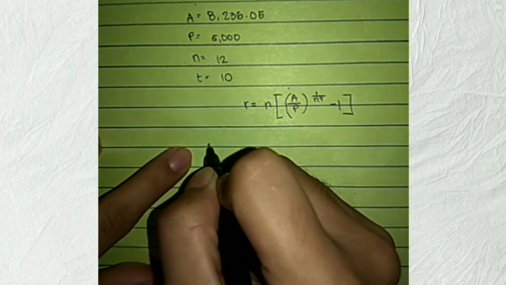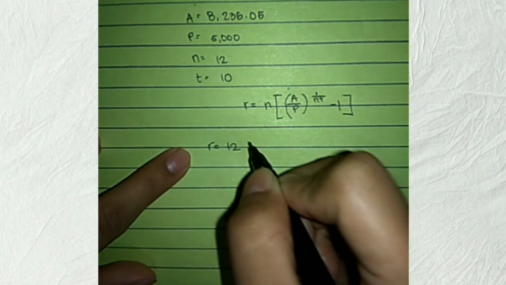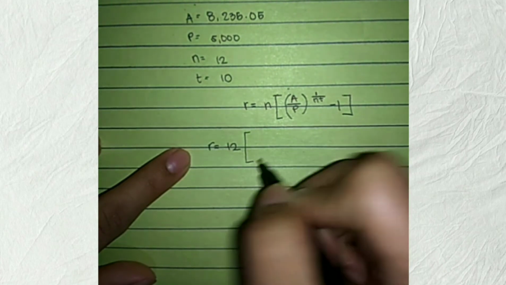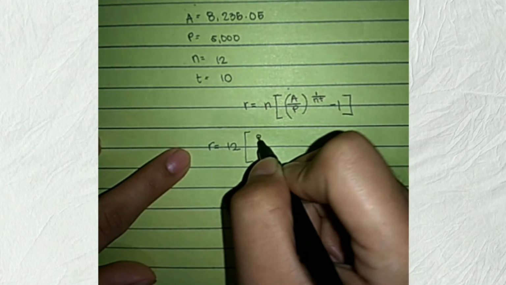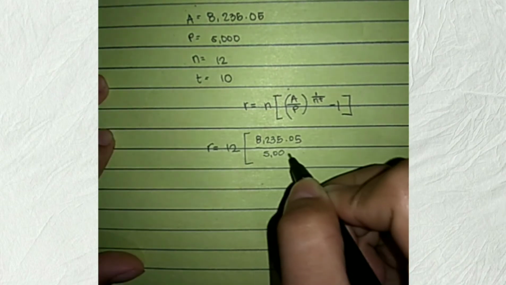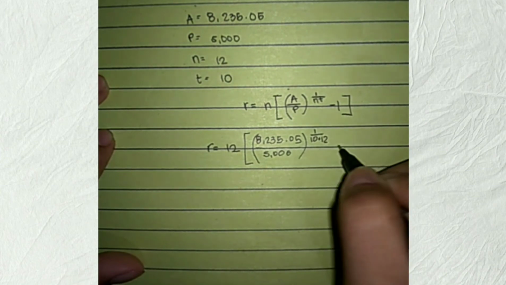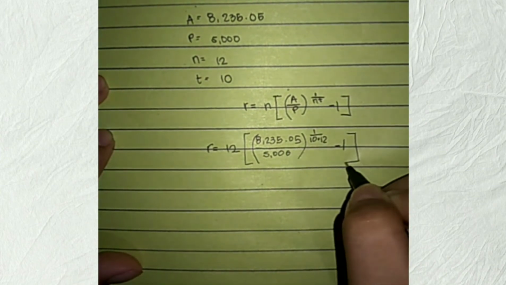Now let's substitute the given values sa ating formula. So we have N, which is 12, multiplied by 8,235.05 over 5,000 with exponent of 1 over 12 times 10. We will minus it by 1.